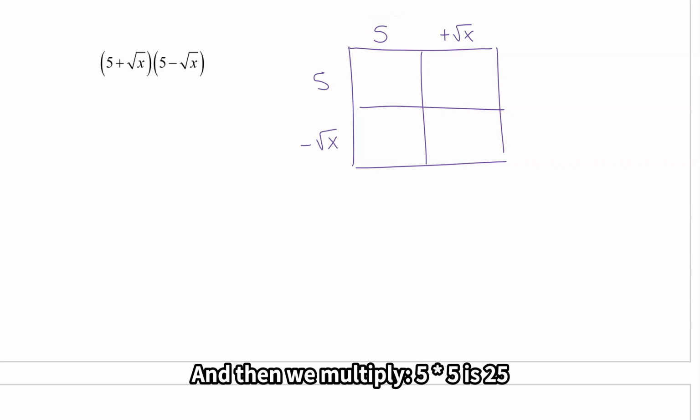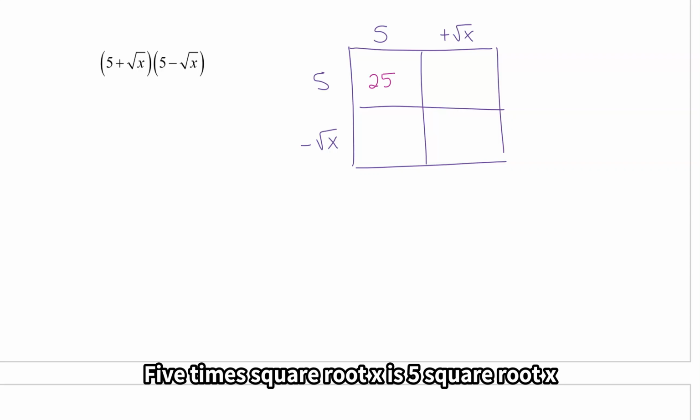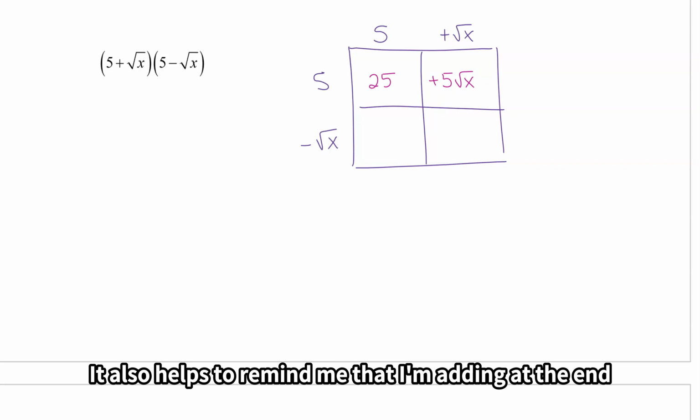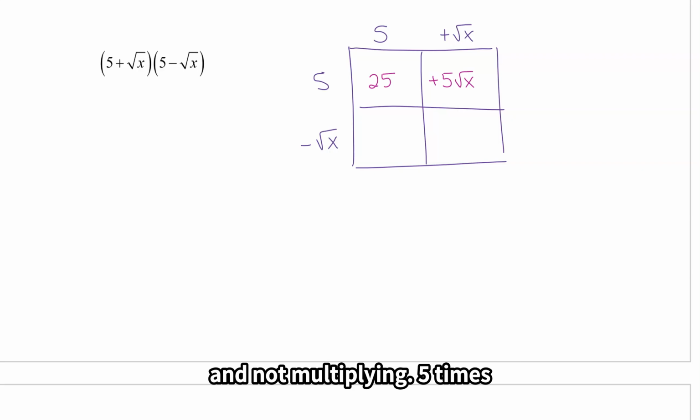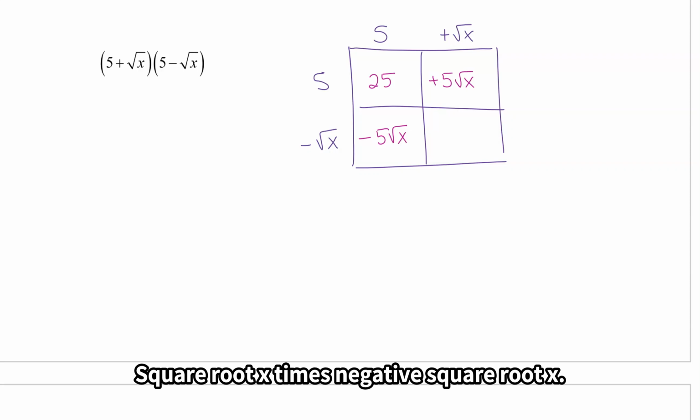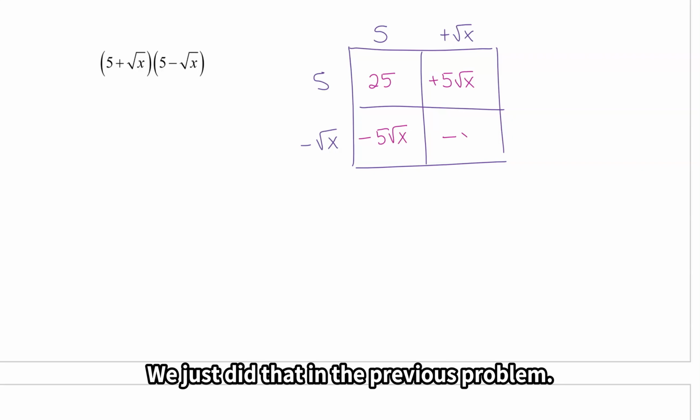And then we multiply. 5 times 5 is 25. 5 times square root x is 5 square root x, and I'm going to keep that plus sign in the front. It also helps to remind me that I'm adding at the end and not multiplying. 5 times negative root x, negative 5 root x, and then square root x times negative square root x. We just did that in the previous problem.